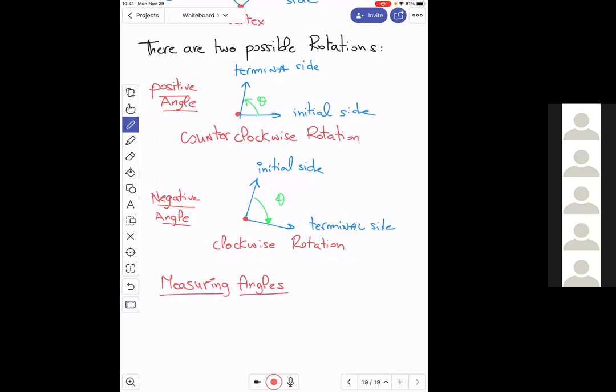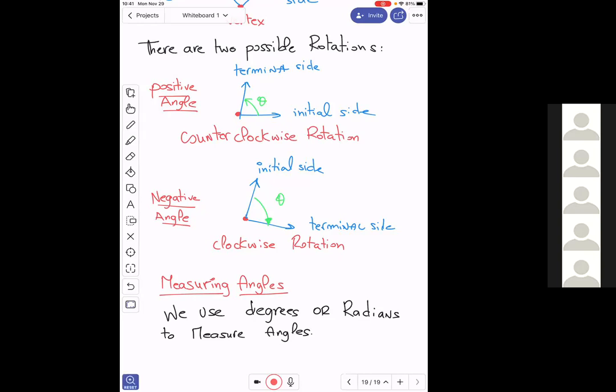The units we use to measure angles are two different units: degrees and radians. So we use degrees or radians to measure angles.